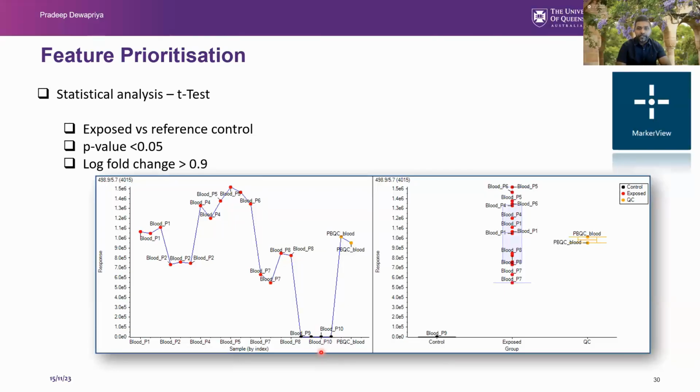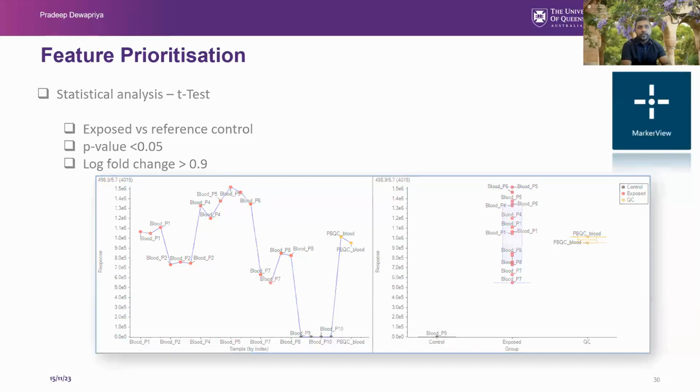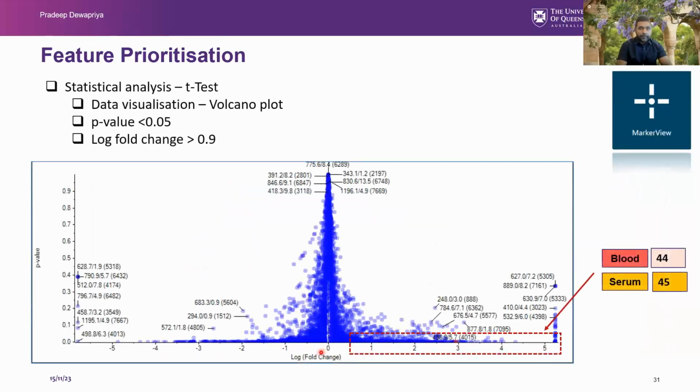For prioritization, features with a p-value lower than 0.05 and a log-fold change value higher than 0.9 were selected for further processing. This method was the most effective strategy for feature prioritization.